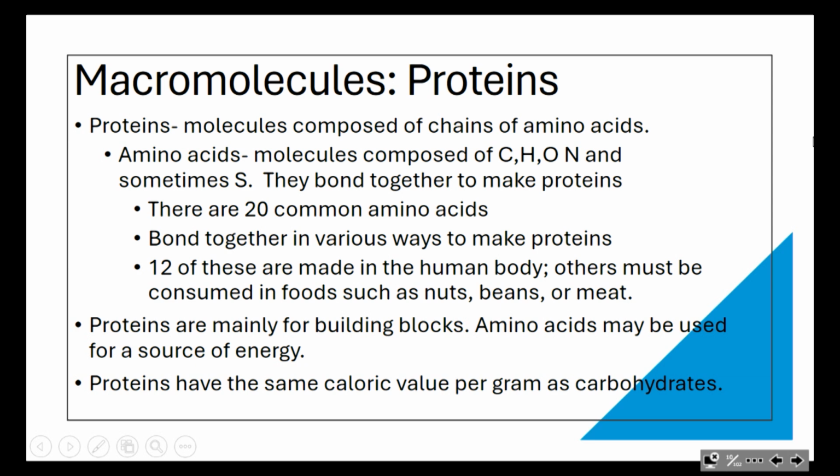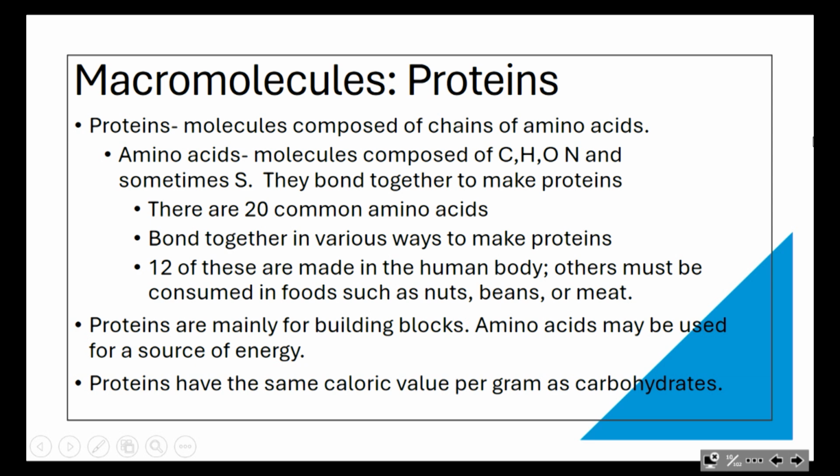If it's essential, you have to have it, you have to do it. Well, 12 of the amino acids can be made in the human body. So we say that those are non-essential because your body can make them. The other 8 are essential amino acids, and the reason that they're essential is that you have to eat them in your diet. You're not going to get them from anywhere else. And so you can get those 8 essential amino acids from foods like nuts, beans, or meat.